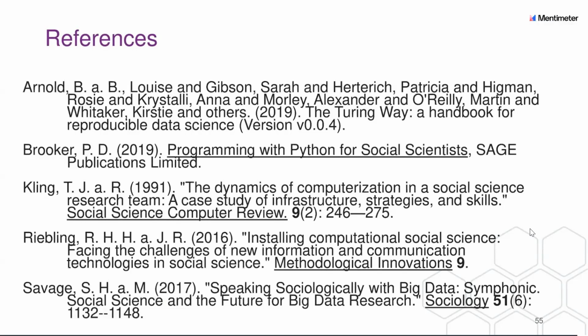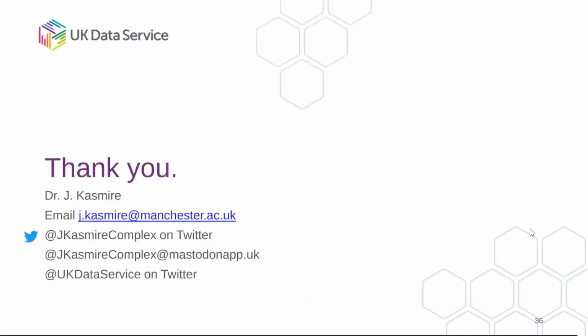So there's a lot out there. People are starting to know that this is going to be a big thing, and that social science students and departments are not often set up to make it easy or straightforward or comfortable for people to do computational social science. But you might be the one that makes the difference in your institution.